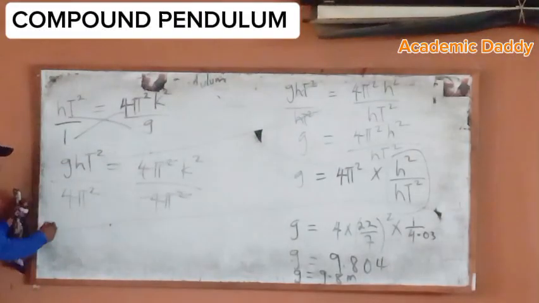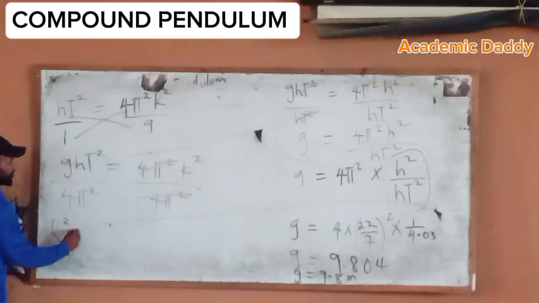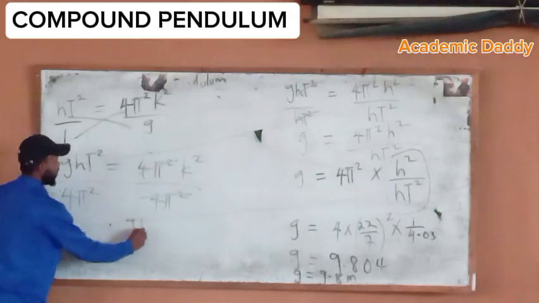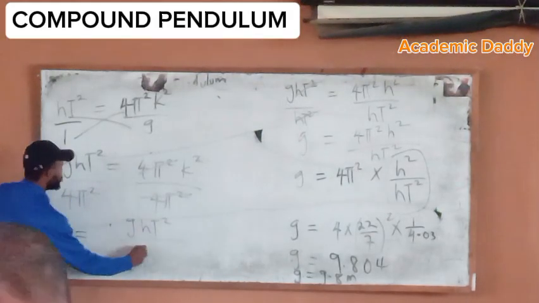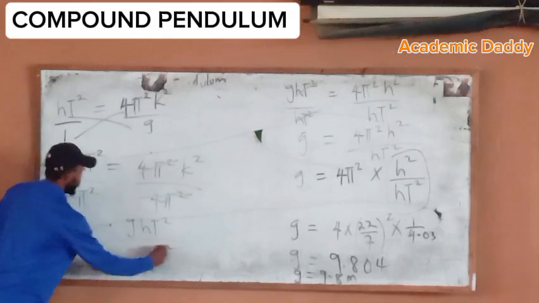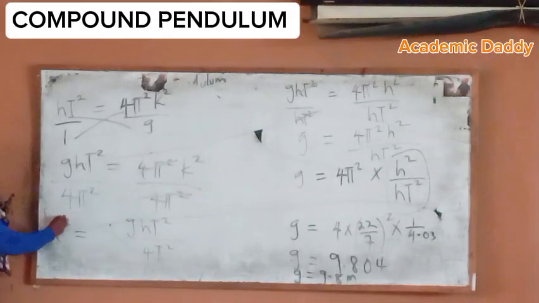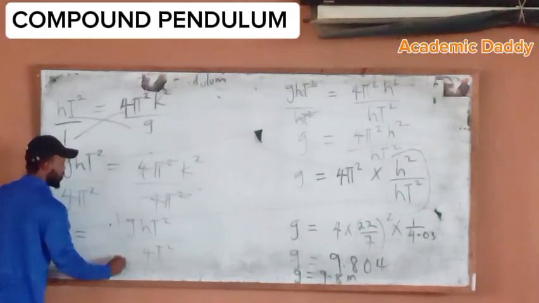So now K square equals g times 8 square over 4 pi square. I can say, take the square root of both sides and this cancels.